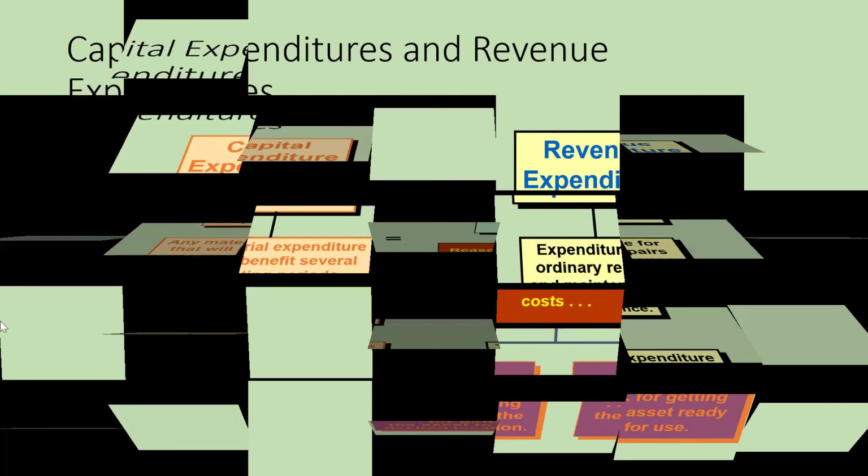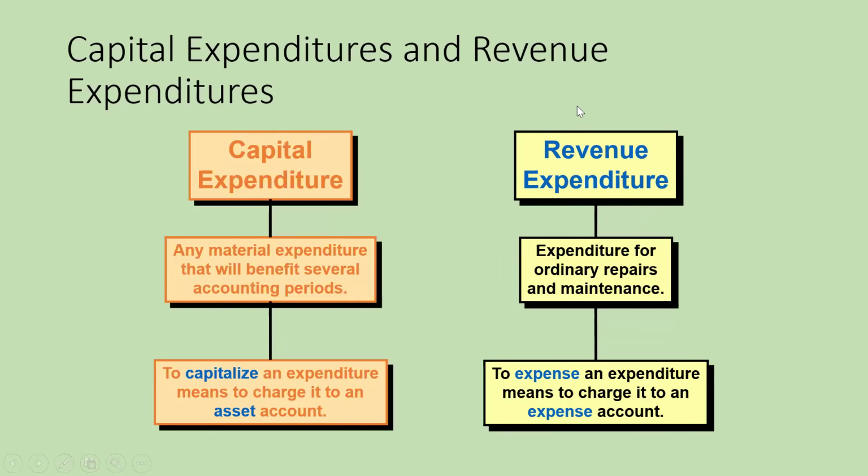Then we have the difference between capital expenditure and revenue expenditure. All types of expenditures related to the purchase of assets should be divided either into capital expenditure or revenue expenditure. All capital expenditure becomes part of the cost of the asset, or you can say we simply capitalize the cost.